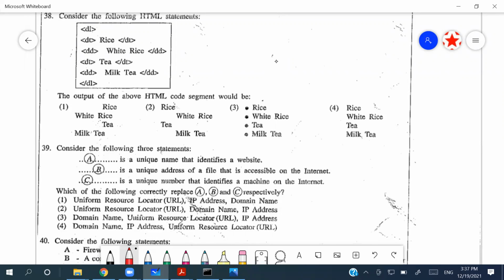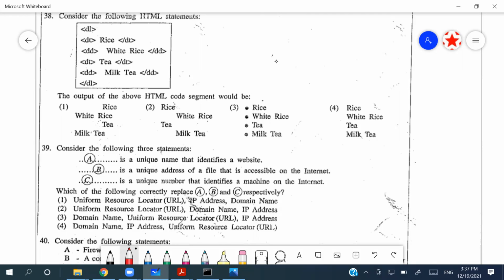So the 39th, consider the following three statements. Blank is a unique name that identifies a website. Then blank is a unique address of a file that is accessible on the internet. And again, blank is a unique number that identifies a machine on the internet. Yeah. So domain name is a unique name that identifies a website, right?